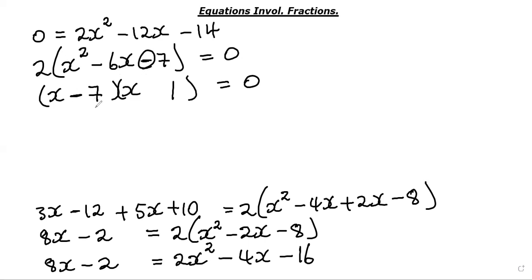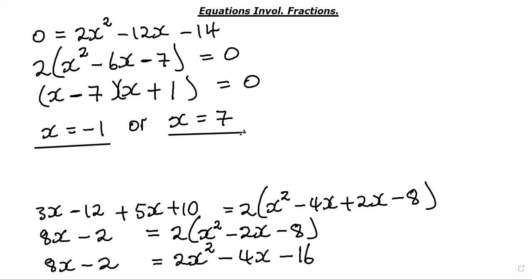And if the last term is negative, the two factors must be opposite in signs. So this means x will be -1 or x will be +7. And then you are happy. So these are your two very nice values of x.